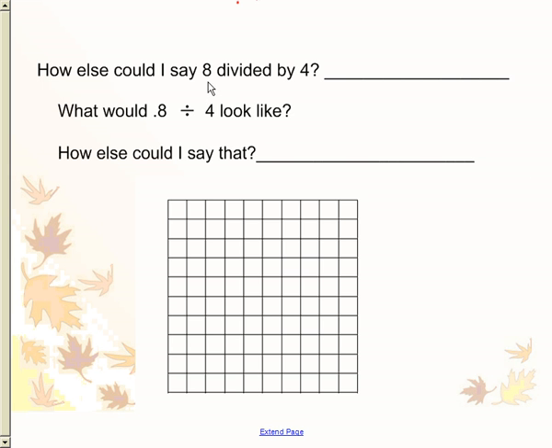How else could I say 8 divided by 4? So if I've got 8 cookies and I divide that into 4 groups, what exactly is it that I'm doing? Well, another way to say that would be to take 8, split into 4 groups, and then the question is, if I do this, how many are in each group?